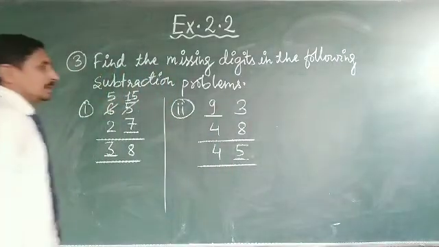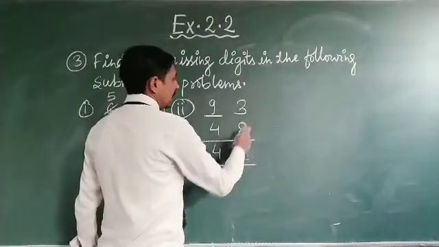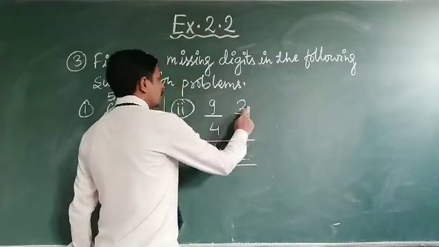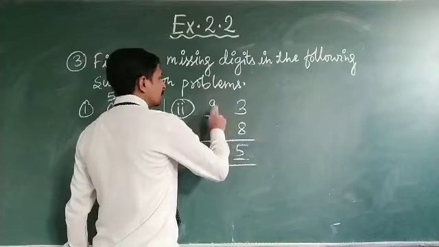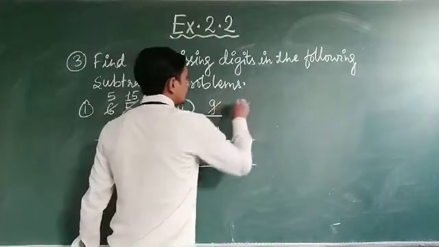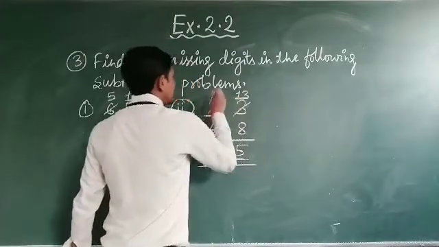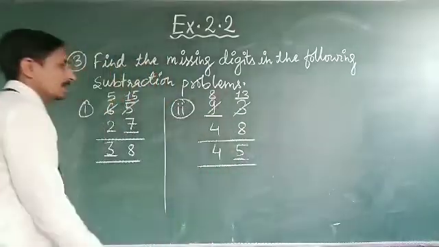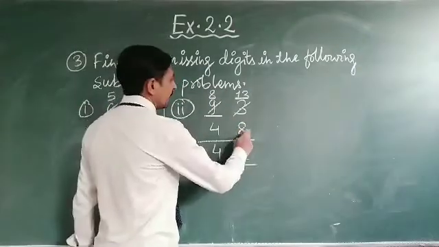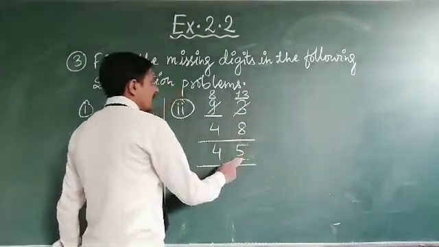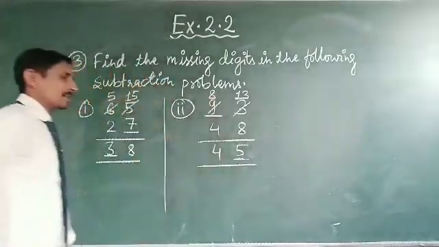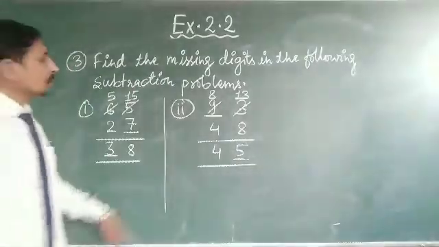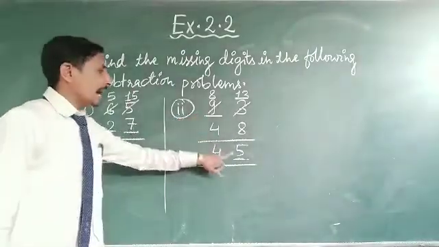Now you see 8 is not subtracted from 3, so we have to borrow 1 from the number immediate left to it. So when we borrow 1, it becomes 13, and this number becomes 8. And now when we subtract 8 from 13, we get 5, and when we subtract 4 from 8, we get 4 as our answer. So in question number 2, the missing digits are 9 and 5.